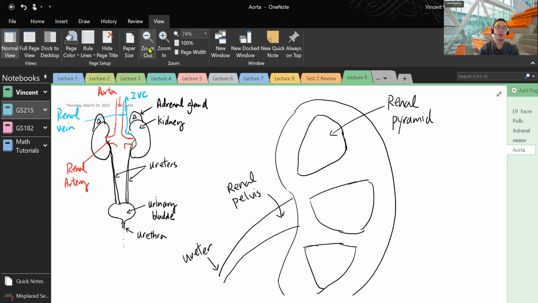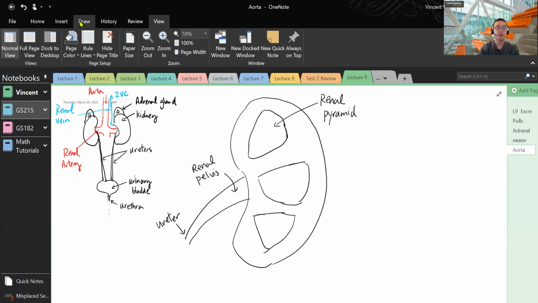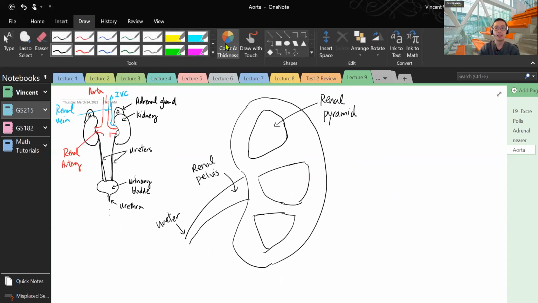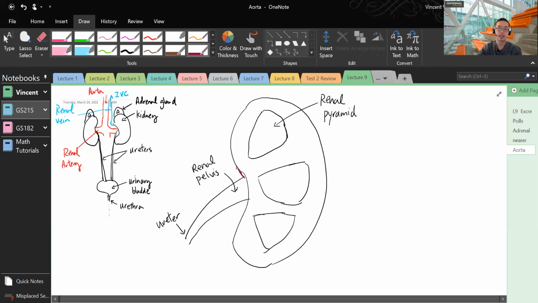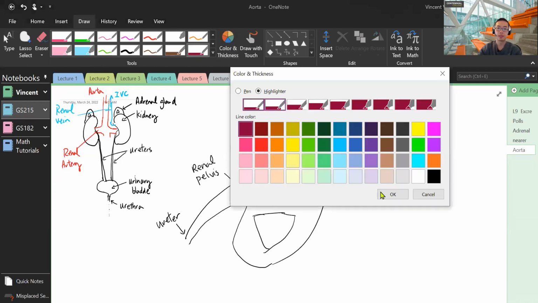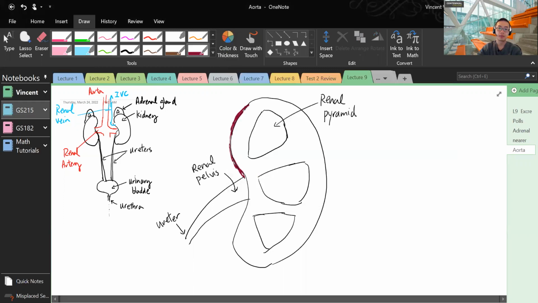Now, our kidney is surrounded by a thin fibrous casing. So there's going to be a case that surrounds it, like that.